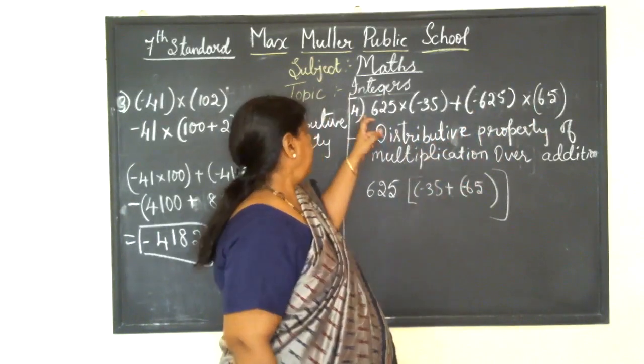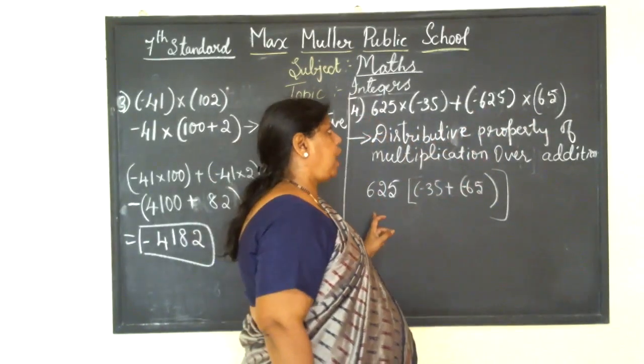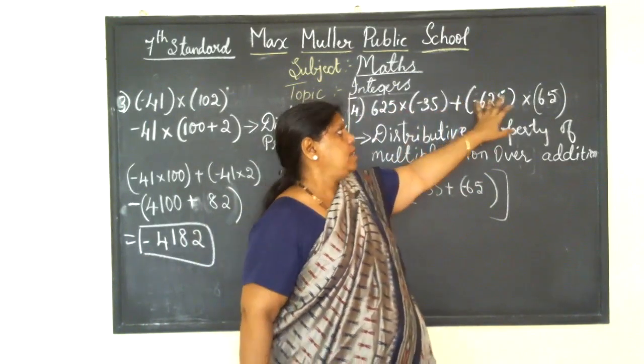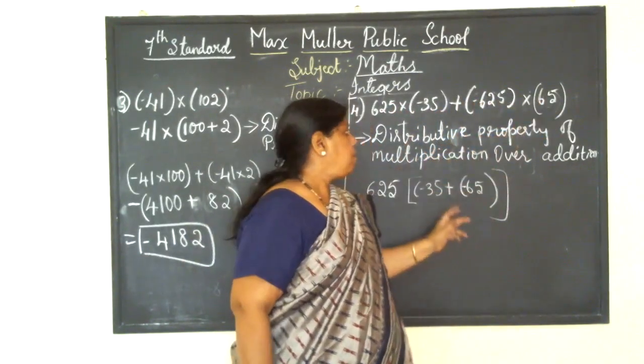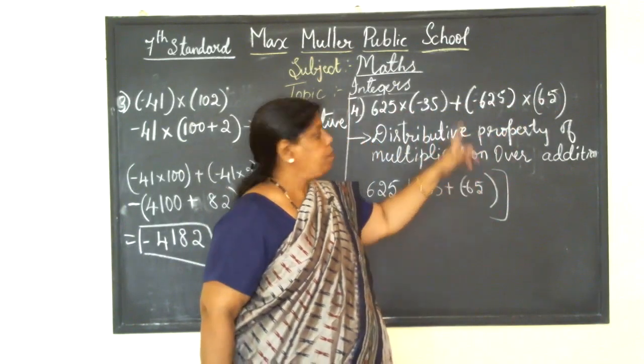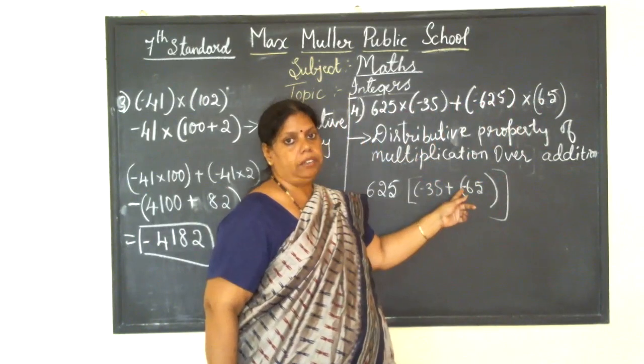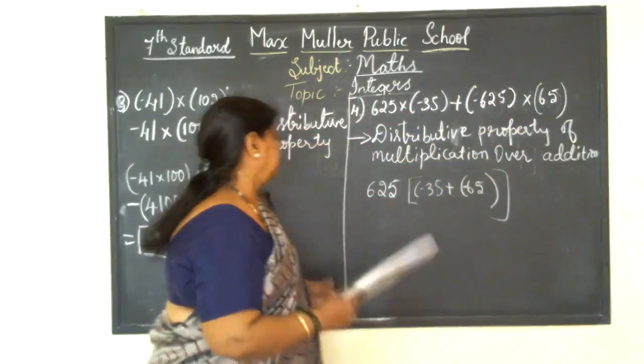Okay, here this 625 I have taken. Both common numbers I have taken, but signs: minus into minus, minus into plus, sorry. Minus into plus becomes minus 65 here. Got it?